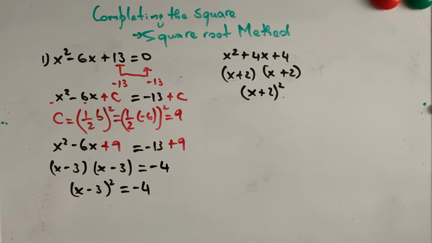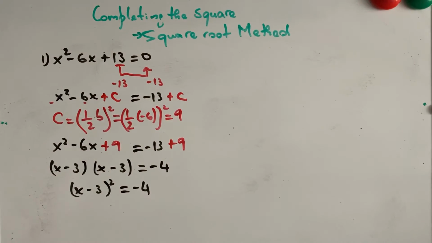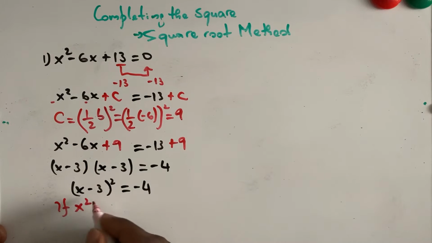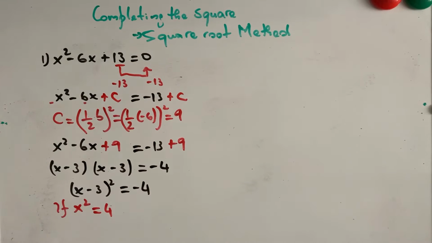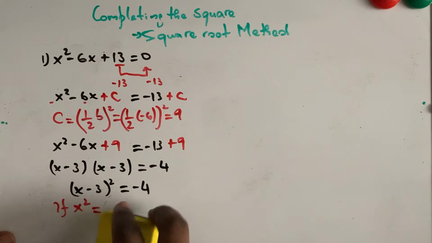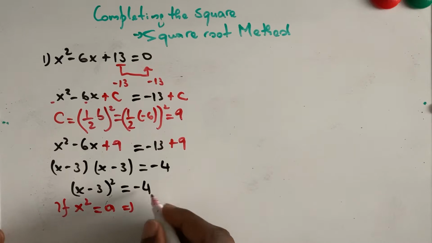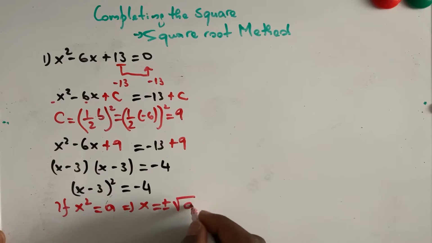Yes, I have to use the square root method now, because according to the square root method, if x squared is equal to, in this case, I want to say a, therefore, x is plus or minus the square root of a.